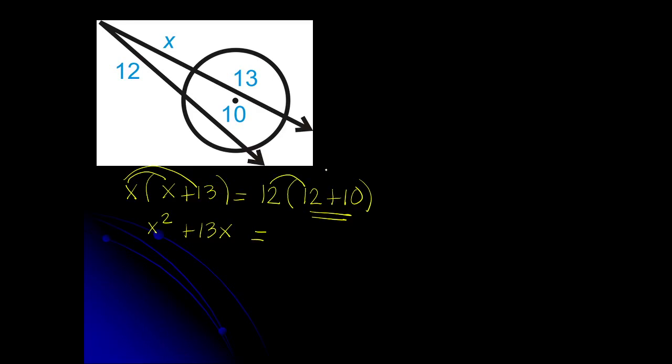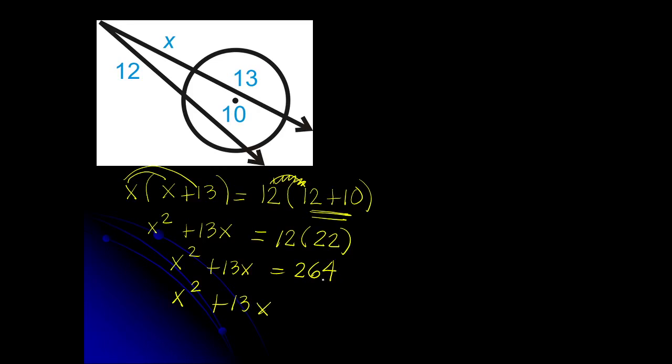This is 22, isn't it? 12 times, don't distribute. Let's just add this, 22. Now, what's 12 times 22? 260. 264? Is that correct? And we have x squared plus 13x, transpose to make it standard, minus 264 equal to 0.